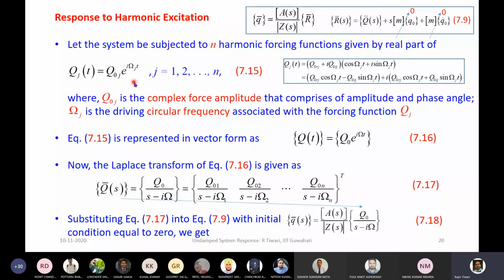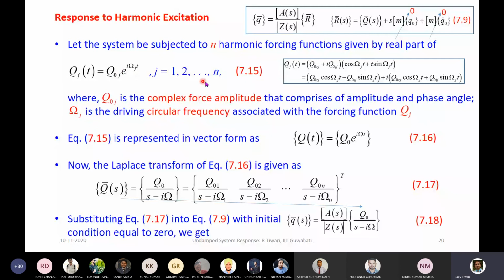If this capital omega and small omega coincide, there will be a resonance condition. We'll see how the resonance condition comes. But here we are assuming that this particular excitation force is away from resonance, and that's why we are writing them distinctly.